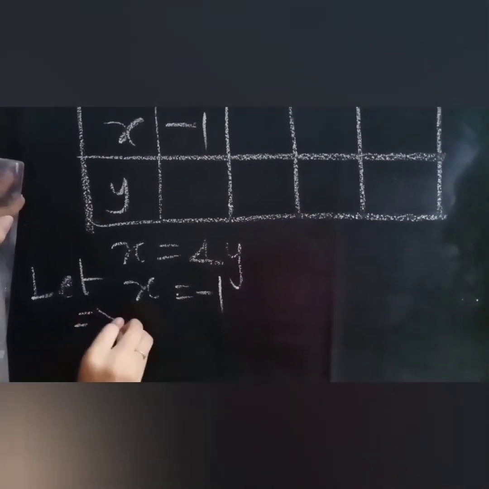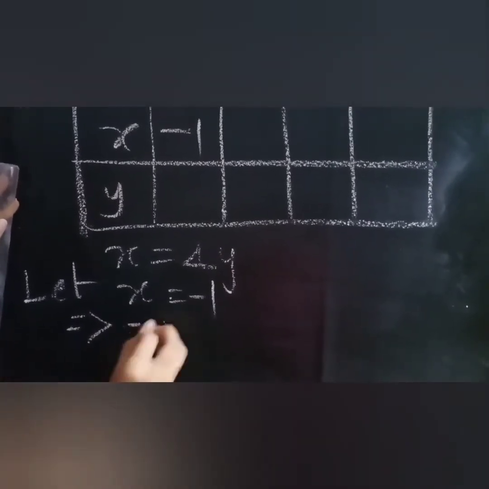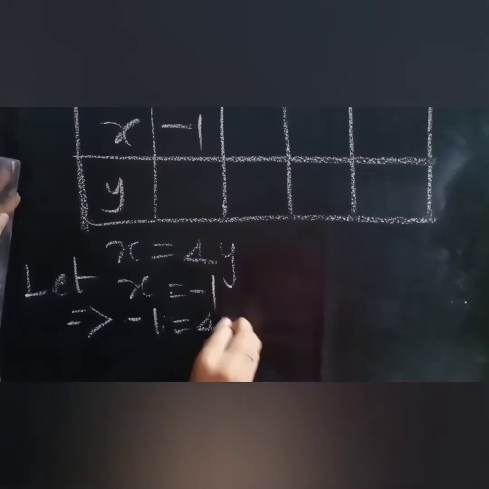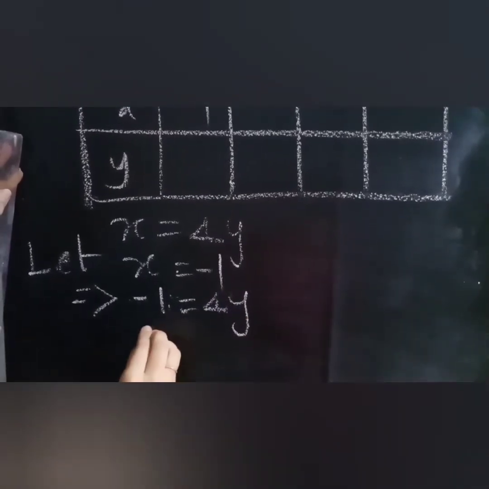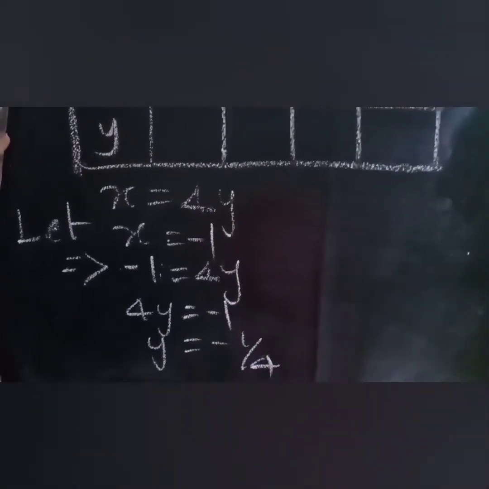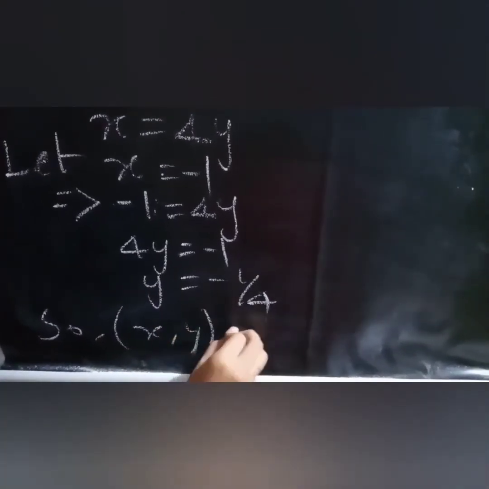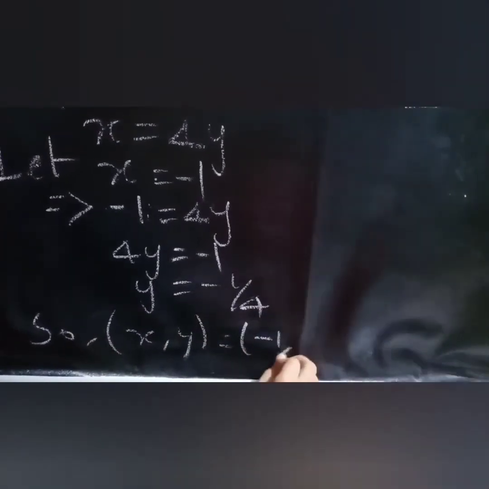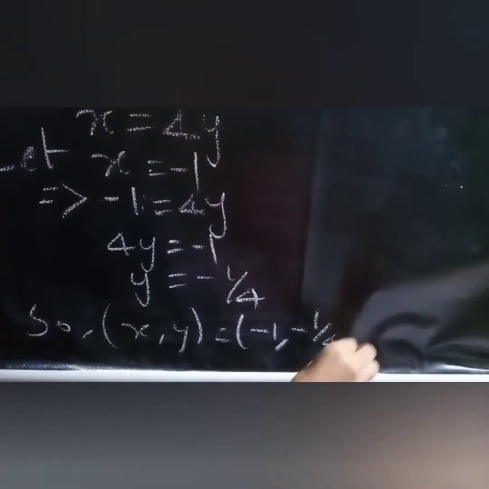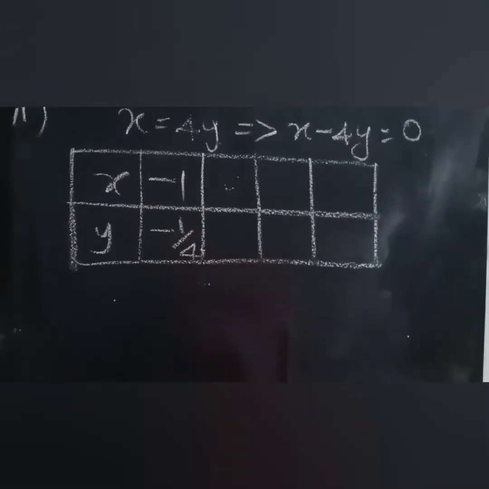Let's substitute this value in the given equation. Minus 1 equal to 4y. From that, just find the value of y. 4y equal to minus 1, so y equal to minus 1 by 4. So the first solution, in the ordered pair of x comma y, is minus 1 comma minus 1 by 4. So first solution over.